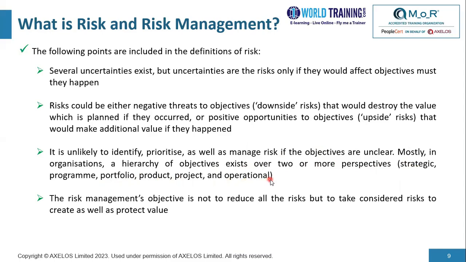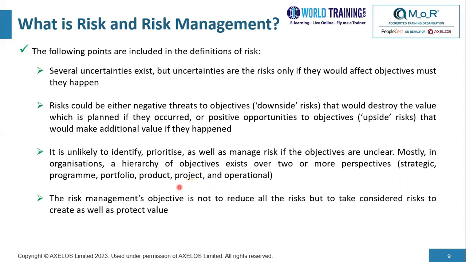We'll study them in greater detail, but the idea behind this particular point is when we work in the operational environment, we are looking into operational risks that would impact the operational objectives, for example. When we look into project risks, we are looking into risks that would impact the project objectives.